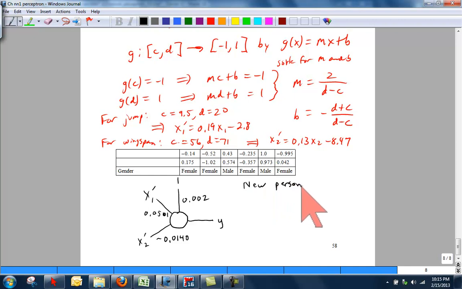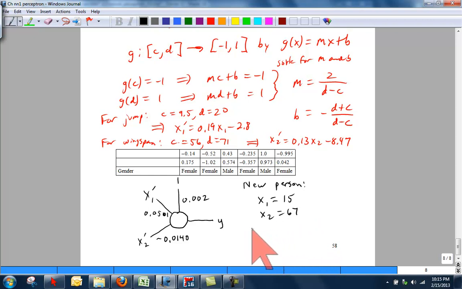The new person, when I take those measurements, has a jump of 15, say, and a wingspan of 67. Now we want to know whether this person is a guy or a girl.